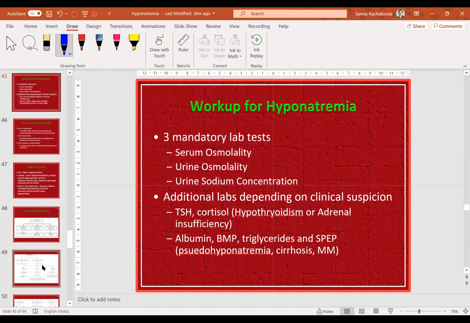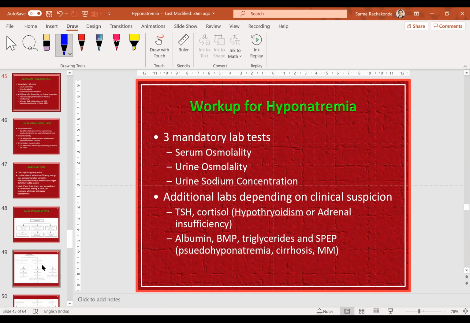What do I do first? Serum electrolytes. If there is a shift in the sodium below 135 or 130, immediately look at the osmolality. Then I know whether I am dealing with hypoosmolar, normoosmolar or hyperosmolar, in other words hypotonic, normotonic, hypertonic. The hypotonic type is the commonest.